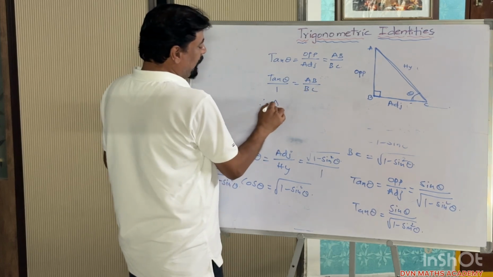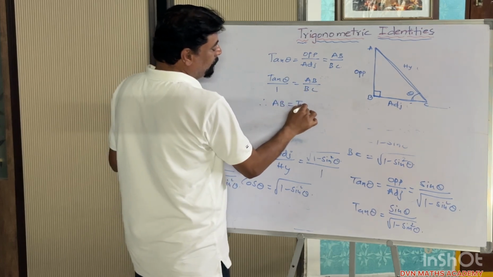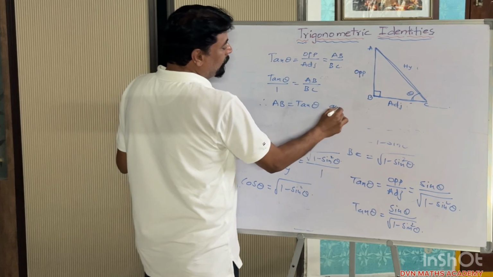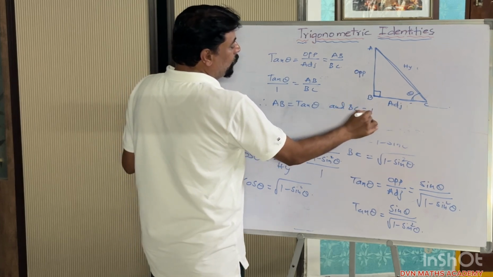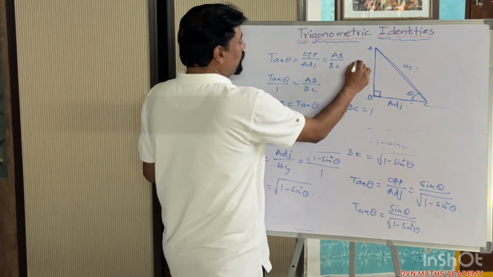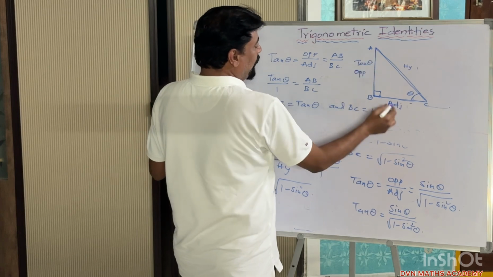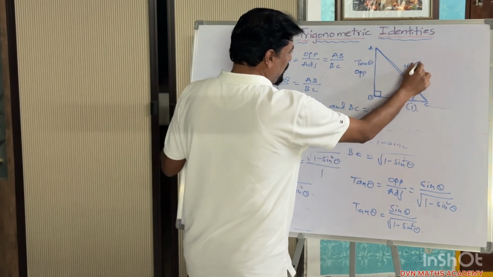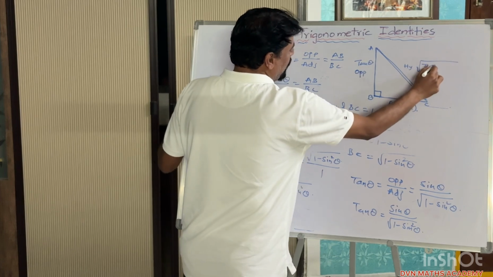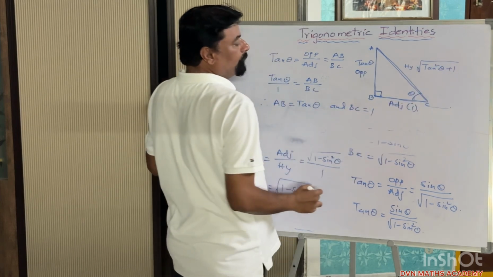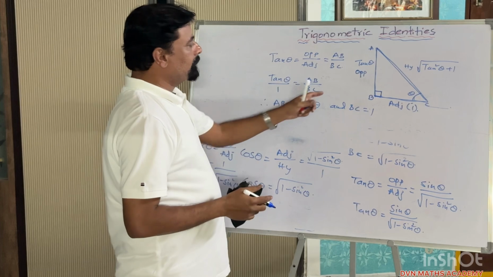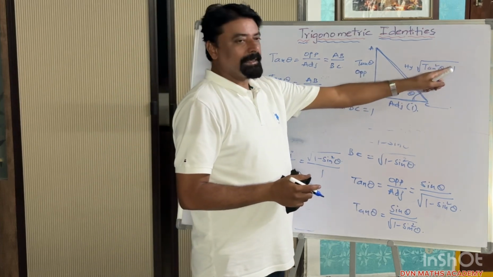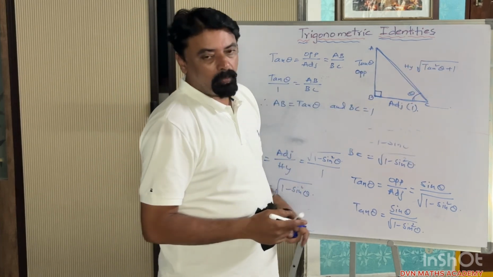Therefore, AB is equal to tan theta and BC is equal to 1. By the Pythagoras theorem, the hypotenuse value will be under root of tan square theta plus 1.